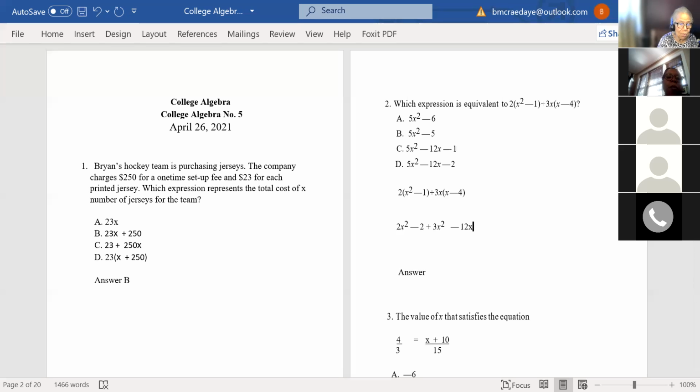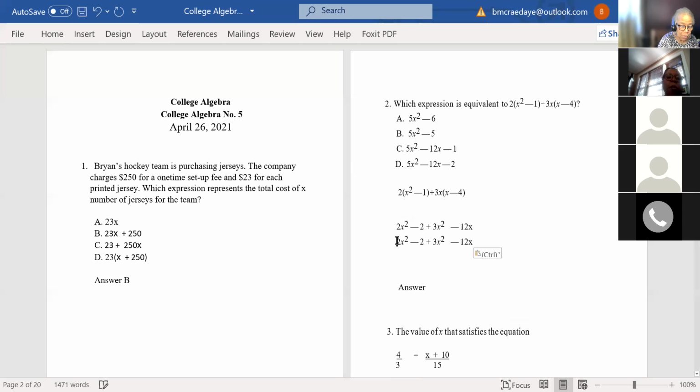What's a 2x squared and a 3x squared? 5x squared. So we have 5x squared minus 2 minus 12x.